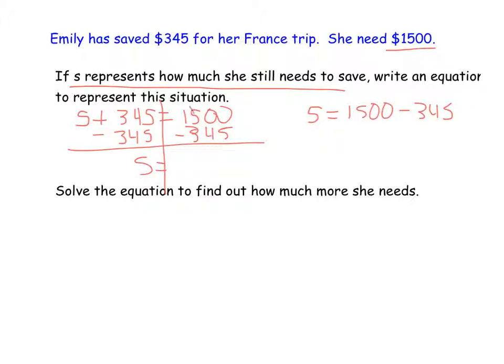So she still needs to save, and this is one of those borrowing ones, but remember you can use a calculator. She still needs to save a heck of a lot, considering she's leaving in just a few weeks. So $1,155. Now before I answer my question, especially because I make arithmetic errors just like everyone else, I'm going to double check myself.